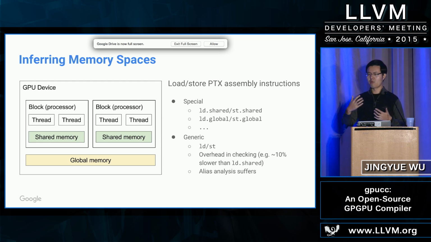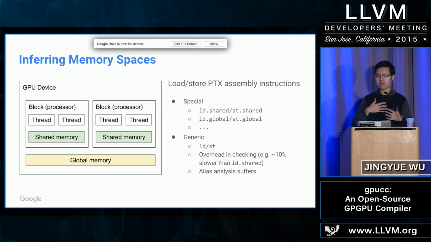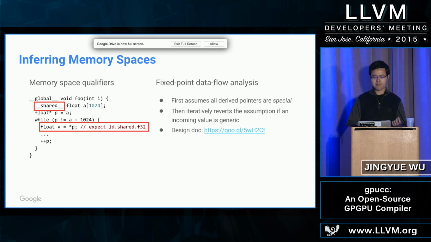But it pays the runtime overhead of checking, and also alias analysis will suffer because the generic space aliases all memory spaces, and the JIT compiler in the CUDA driver cannot reorder instructions as freely as with special loads. This performance difference is the main motivation of this optimization of inferring memory spaces.